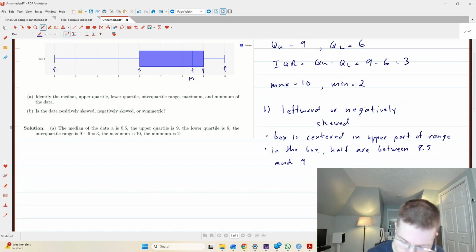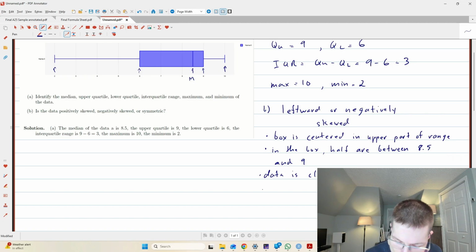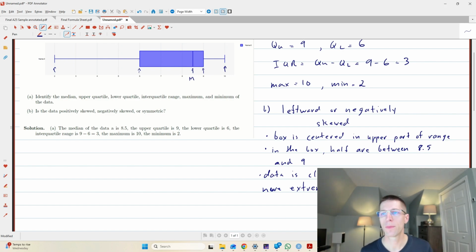So based on that, data is clustering in the upper part. And that means there's going to be more extreme values on the left, because it's not symmetric.